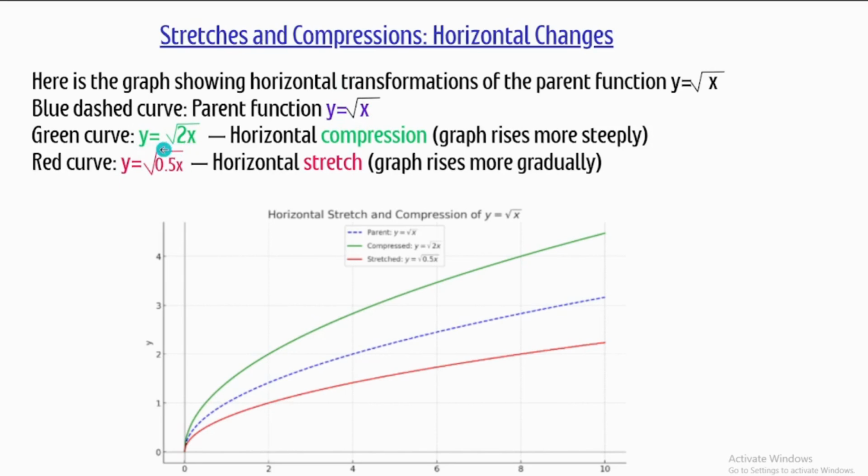If we multiply the x by 2, it's a horizontal compression. If we multiply x by half or 0.5, it's a horizontal stretch. The graph rises more gradually. Of course, we can't realize this in this graph, but if we redraw the whole graph, it will become obvious.